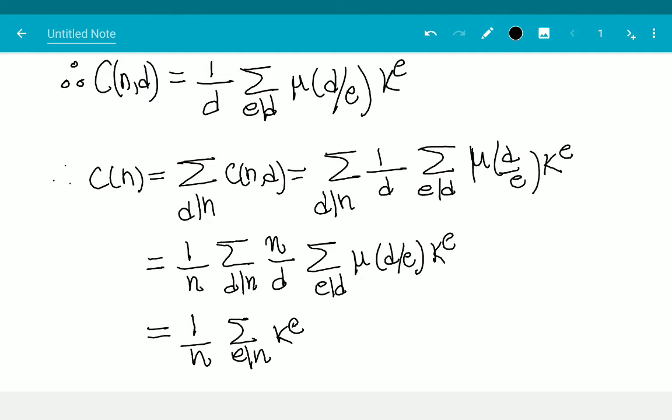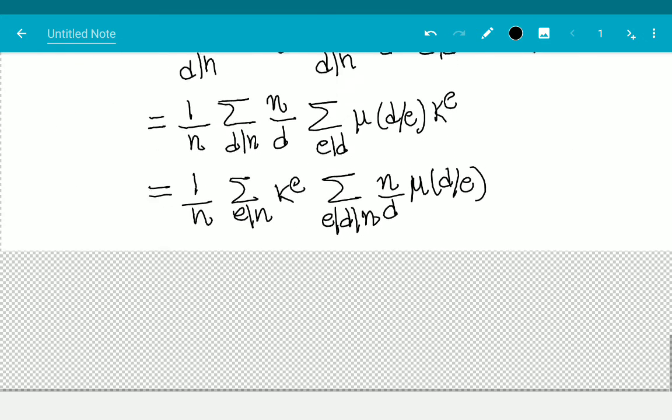K to the E summation, well, now E has to divide D, which has to divide n over D, mu of D over E. Okay, I don't like this E divides D divides n.